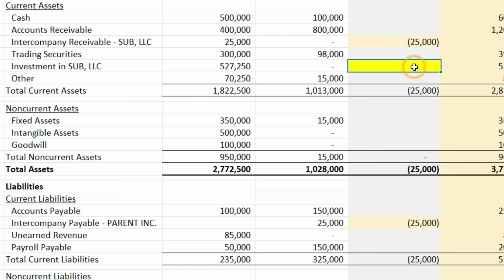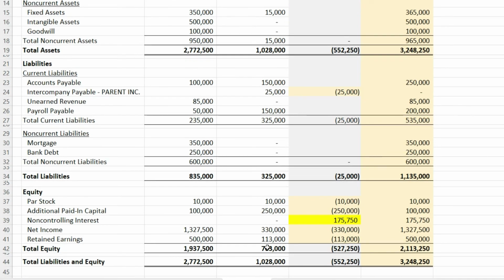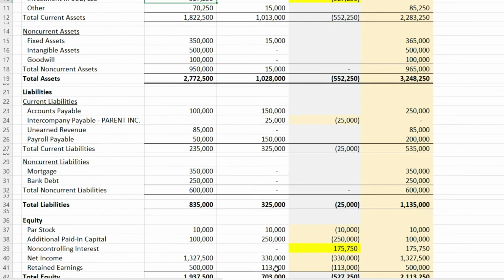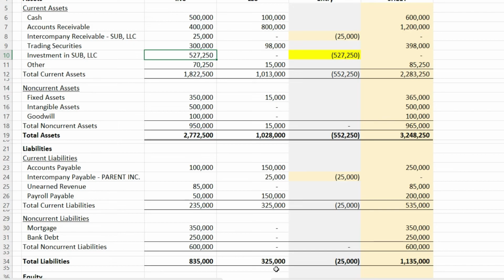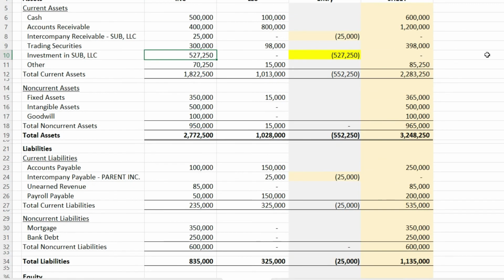I do want to say the investment in subsidiary on parent incorporated's books, normally if you own 100%, should equal the equity of the subsidiary, but since parent incorporated only owns 75% of sub LLC's ownership, that investment is only 75% of the net assets or equity in this situation. So we eliminate the sub, we layer in the 25% we don't own of the net assets, and now we have consolidated financials with non-controlling interest in them.